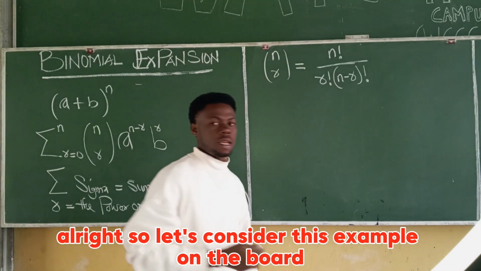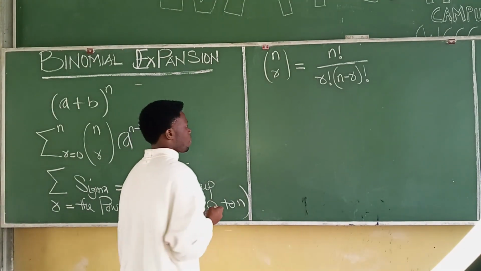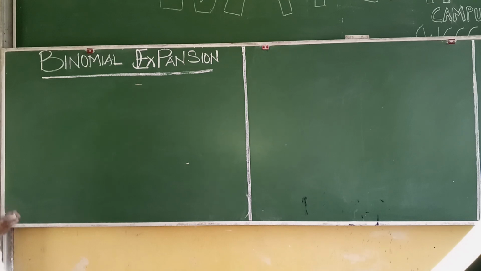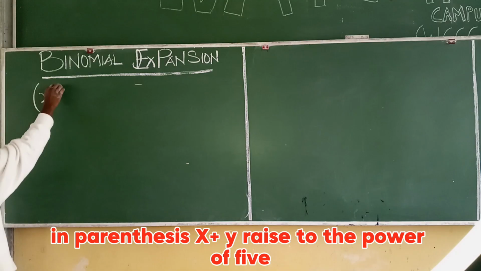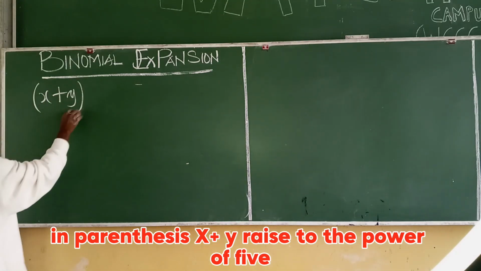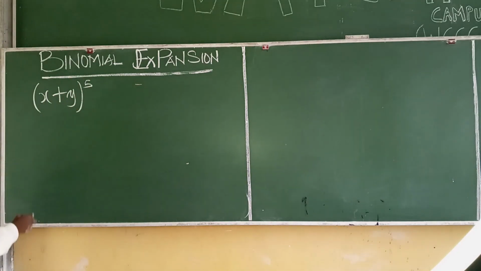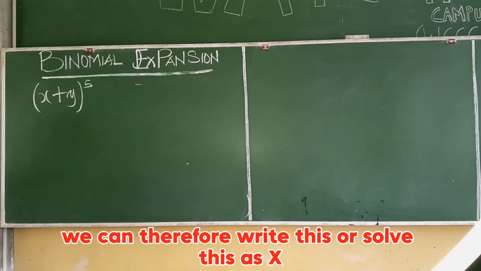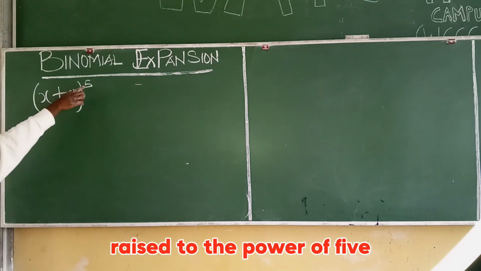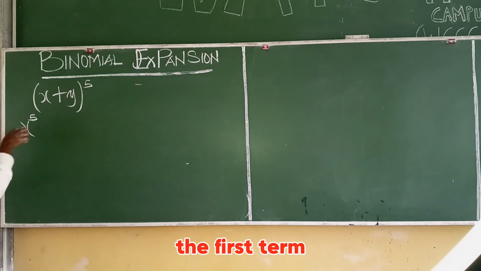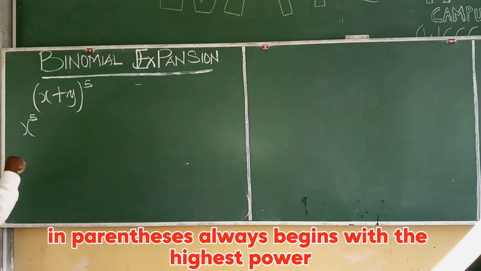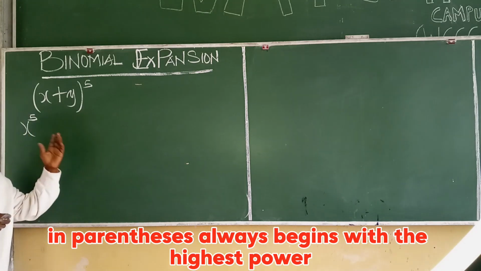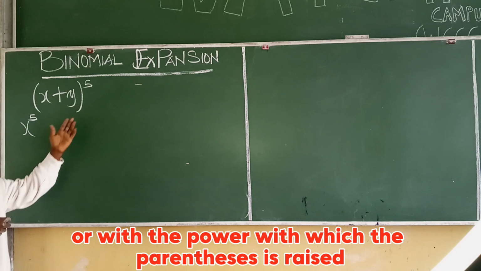Alright, so let's consider this example on the board. Suppose we have (x + y) raised to the power of 5. Using the concept of binomial expansion and the established formula, we can write this as x raised to the power of 5. The first term in the parentheses always begins with the highest power, the power with which the parenthesis is raised.